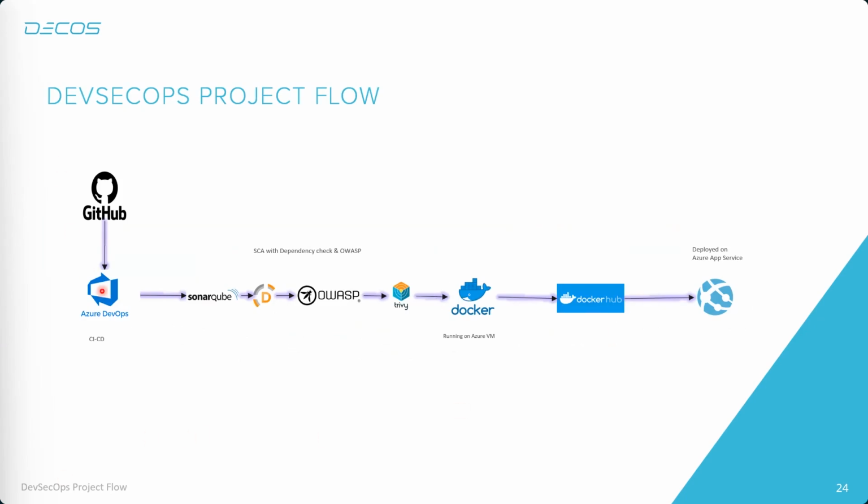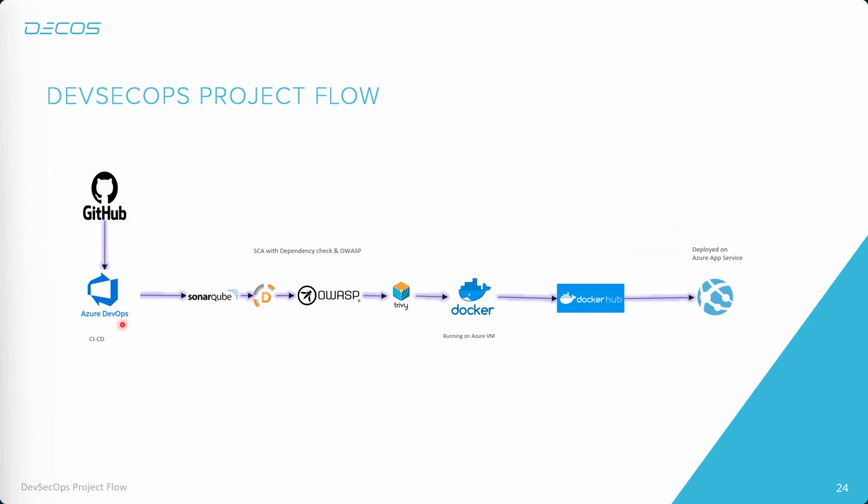So here is another example of a DevSecOps pipeline. Here I have replaced Jenkins with Azure DevOps. So earlier I used Jenkins, now I replaced it with Azure DevOps. So my code is residing in GitHub.